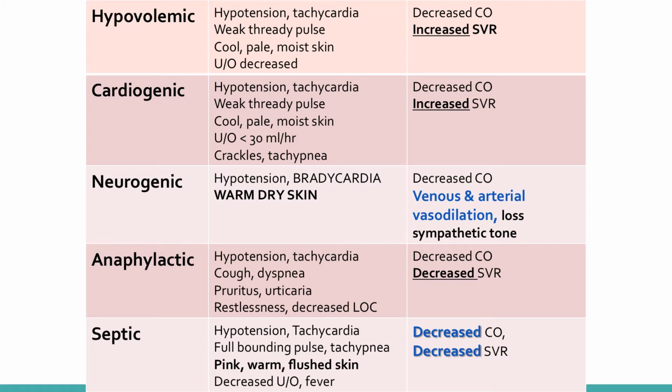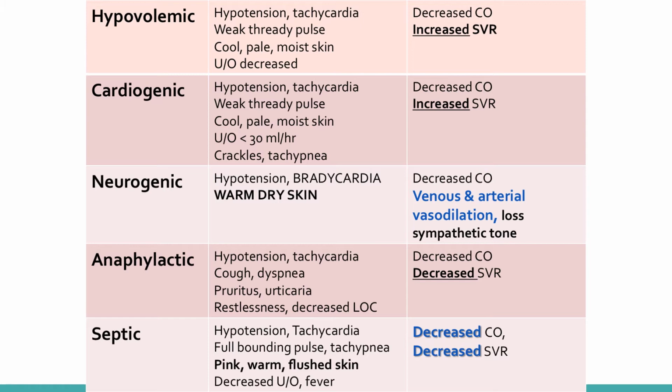If they're hypovolemic, they're going to come in with a low blood pressure, and their heart rate's high because they're trying to compensate for that low blood pressure and that low stroke volume, so the heart rate speeds up to maintain cardiac output. They're going to have a weak, thready pulse, meaning you can barely feel it.